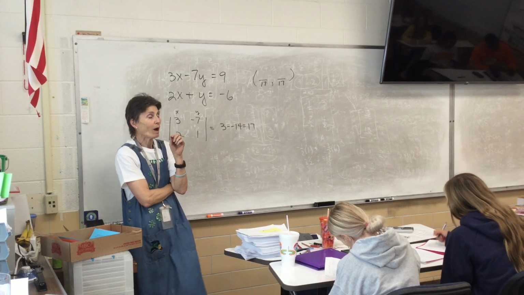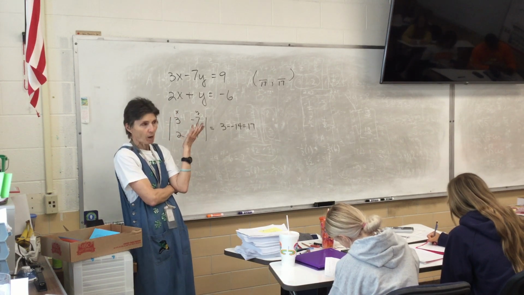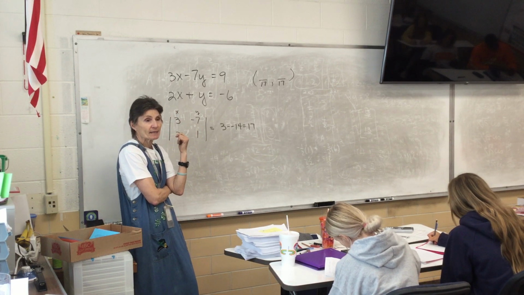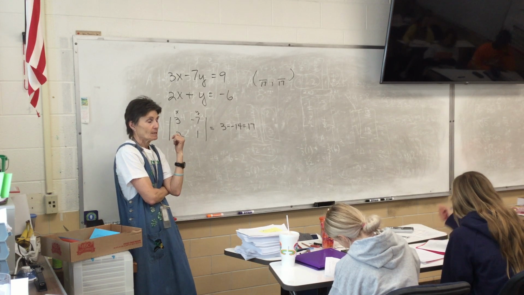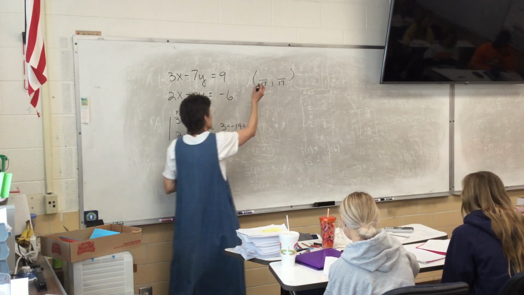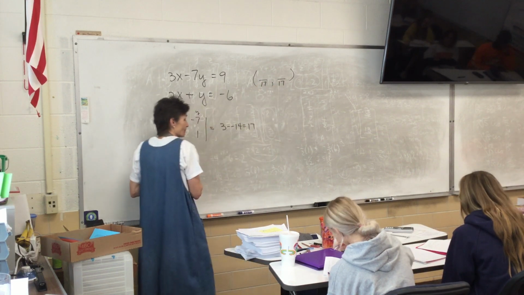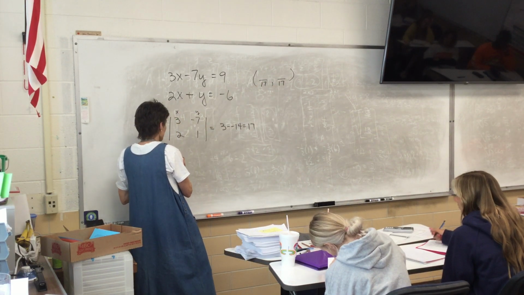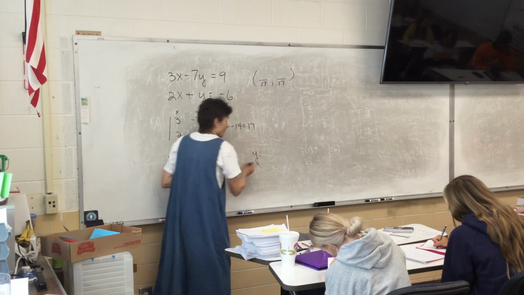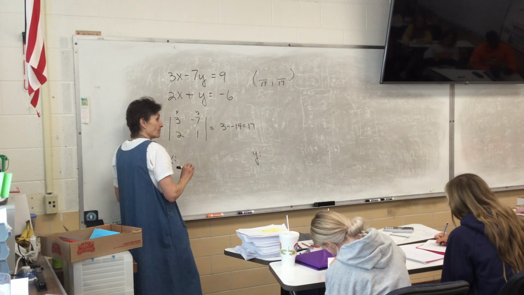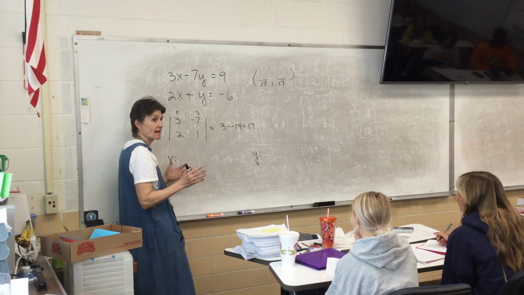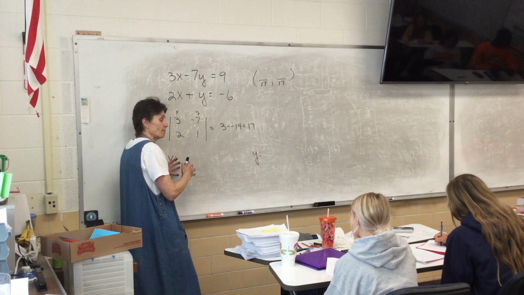So x and y are going to be fractions, probably, and their denominator is going to be 17. To find the numerators, you're going to build 2 new determinants, and it's really simple. The guy was brilliant to figure this out, but it's so simple.